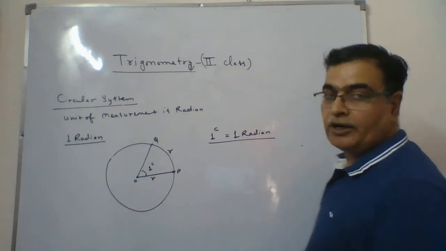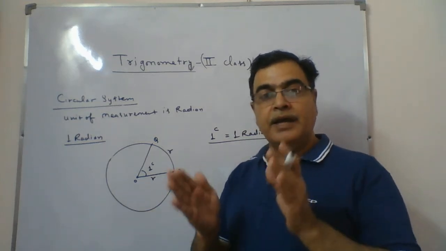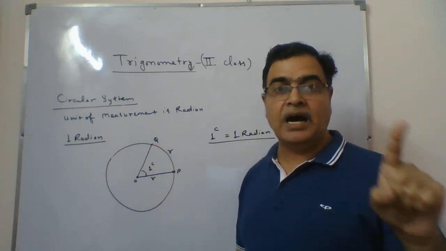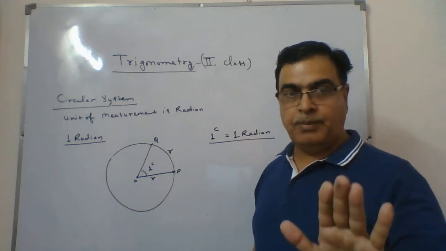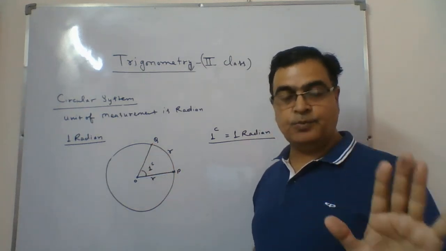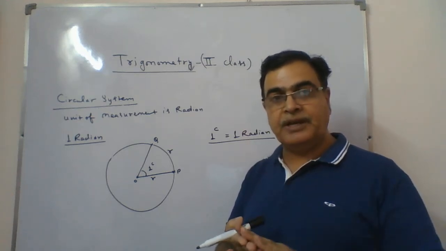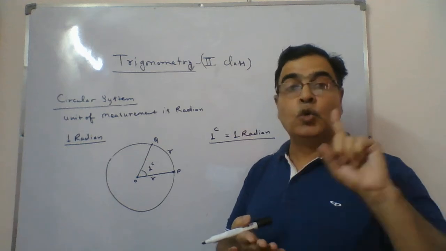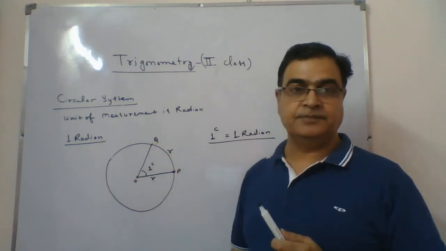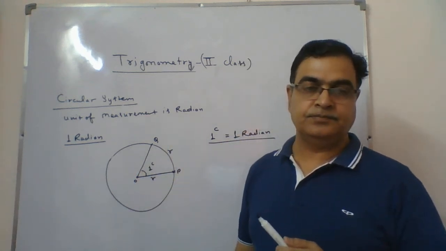So 1 radian is what angle? This is the angle subtended by an arc of a circle. I just repeat it. 1 radian is that angle which is subtended by an arc whose length is equal to the radius of the circle, at the center of the circle.